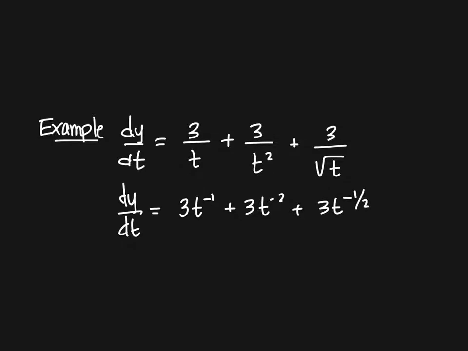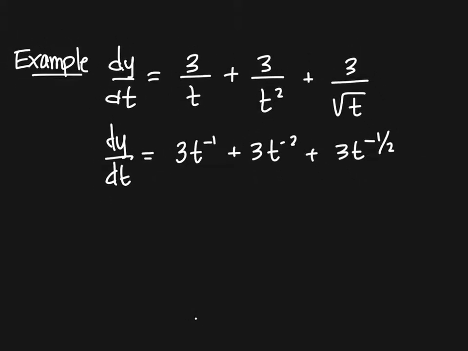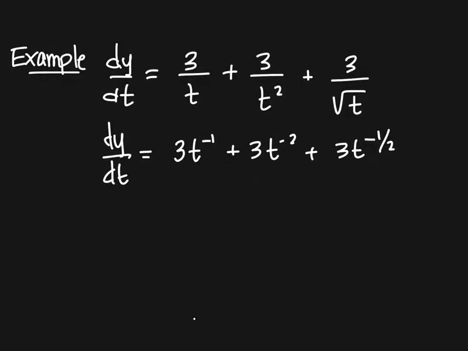So think of each of those not as a fraction, but rather as their negative rational counterparts. Once you've thought of them that way, then apply the appropriate rule. So what's the rule for the first one? That's the natural log. That's the time where the power would be equal to negative 1. And so I will have 3 as a coefficient times the natural log of the absolute value of t.